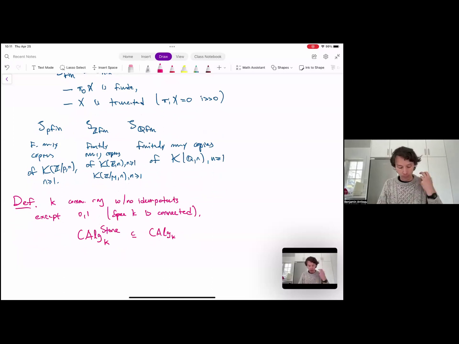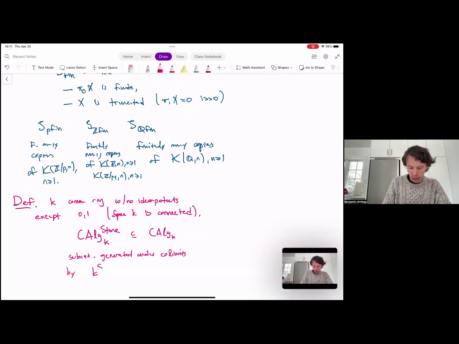This is just the subcategory generated under colimits by the objects K^S, where S is a finite set. So you just look at all finite products of K as a K algebra.